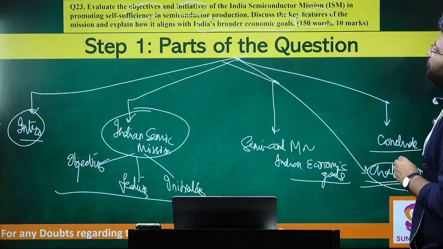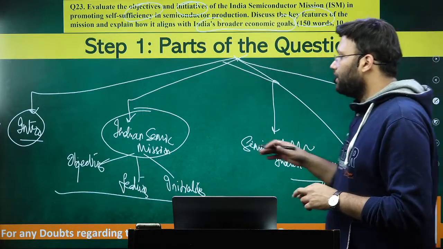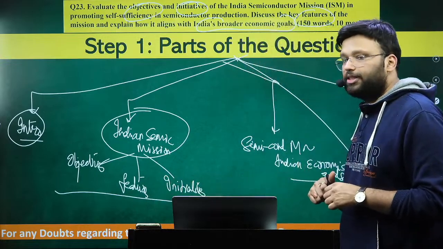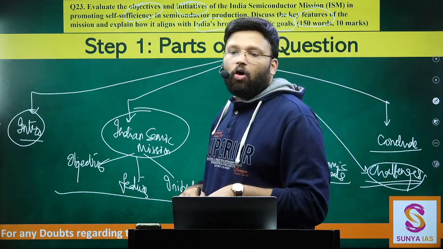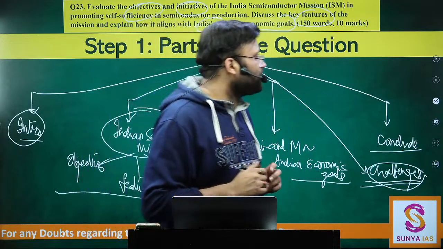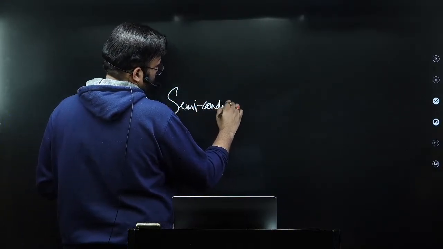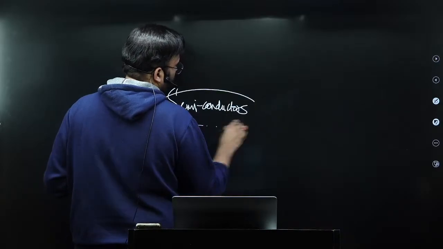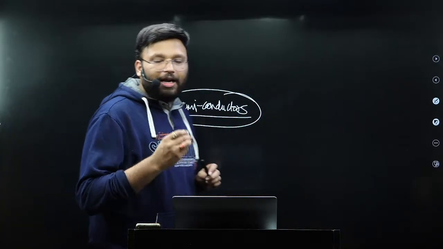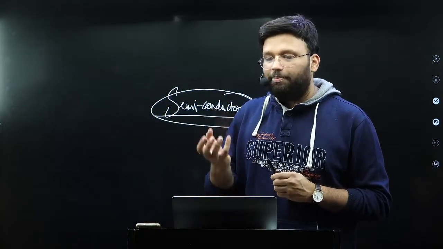Now, before we even jump to the objectives, features, initiatives, let me give you the idea of how important semiconductors are to the economy. So what are semiconductors ultimately? They are certain electronic equipments or electronic chipsets, okay, which are very, very powerful when it comes to computing power.